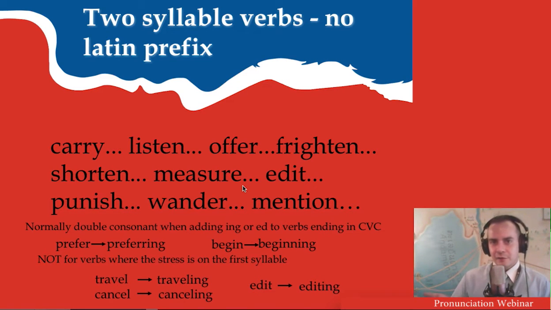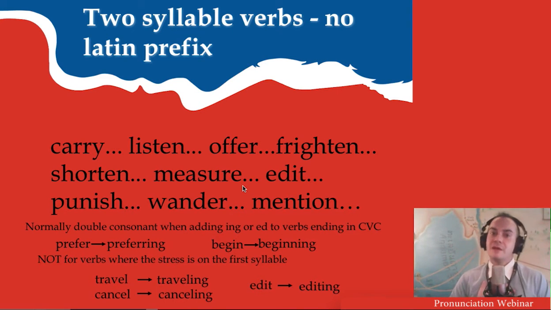An interesting note about spelling. Normally when you have a verb that ends in a consonant, vowel, consonant, or CVC, we double the final consonant when you add ing or ed. So like you see prefer, preferring, begin, beginning, you double it. This is not true when the verb has a stress on the first syllable.